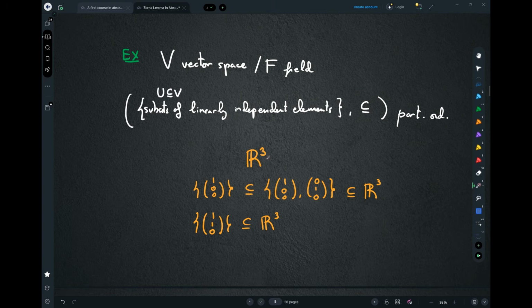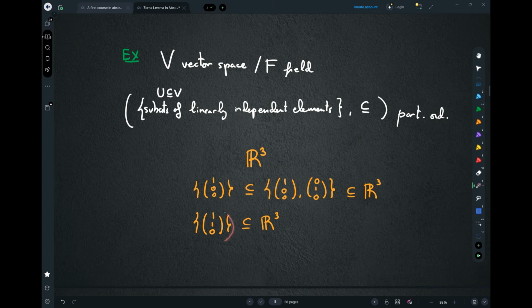So for example, in R3, we could have the set with just this one vector, and then the set with these two vectors, then this is contained in here, and that is contained in all of R3. R3 itself is not one of those elements, because not everything in there is linearly independent, but these sets are part of that set S.